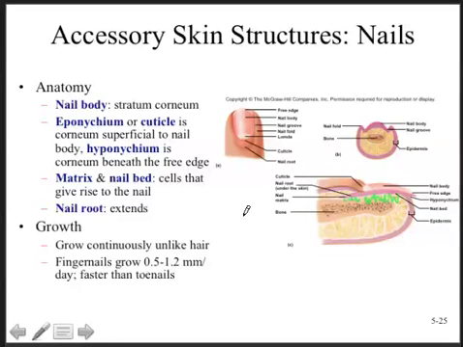Now, what we have to understand about this is that it's very difficult to get medications back here because of the poor blood supply. So even though these cells are actively producing the keratin that becomes part of the nail, the fact that we have a poor blood supply in this region has consequences.